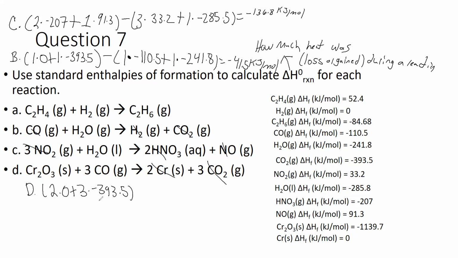Whoops, that should be a 3 times that. Oh, I do have 3 times negative 393.5. Yep. Okay. Minus chromium oxide, Cr2O3, 1 mole times negative 1139.7 plus 3 moles of carbon monoxide.